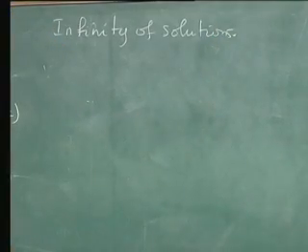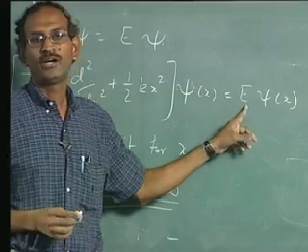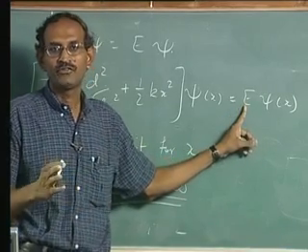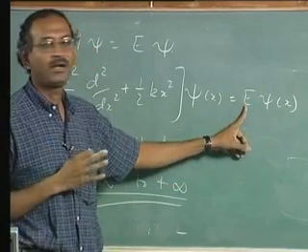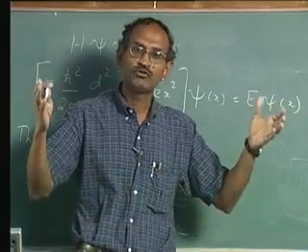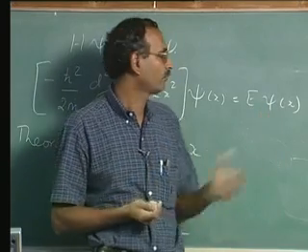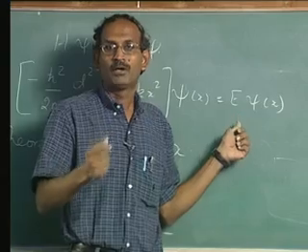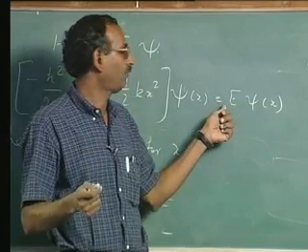What is also interesting is that E does not turn out to be any possible value, but is given by a certain number called a quantum number, just like the particle in a box, where n turned out to be a quantum number because we imposed the boundary conditions. So E takes an infinite number of values, but not any possible value.